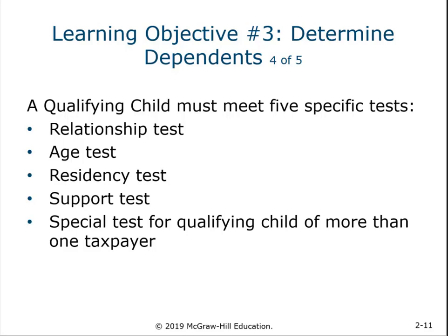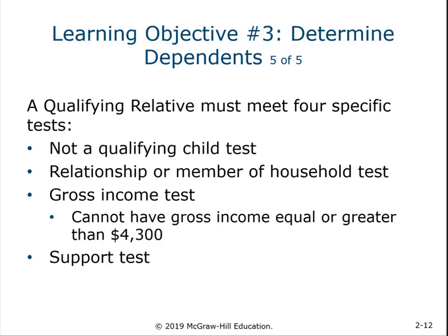Okay? Now, notice there is nothing in the qualifying child about income or anything like that. All right? That's different when you get to qualifying relative. Now, the first thing listed says it's not a qualifying child. Well, you wouldn't even be looking at qualifying relative if it was a qualifying child.